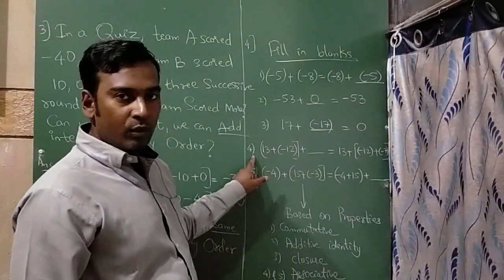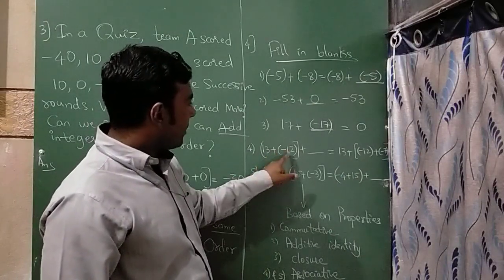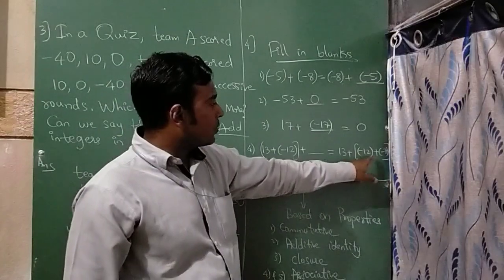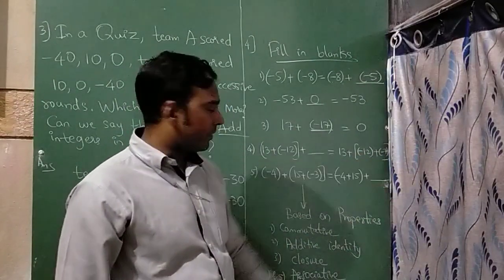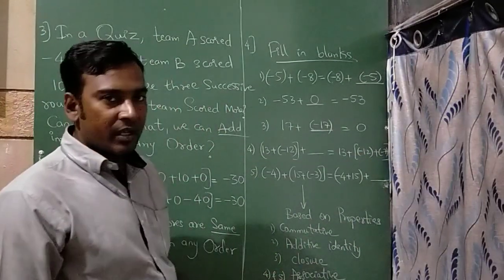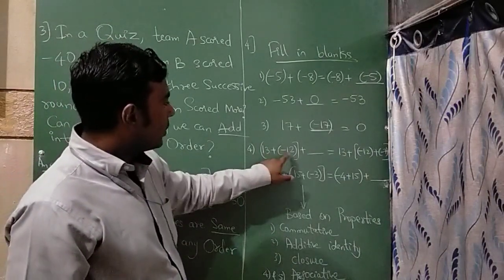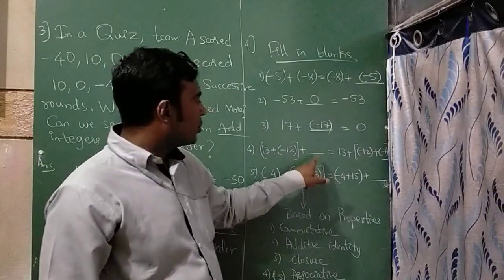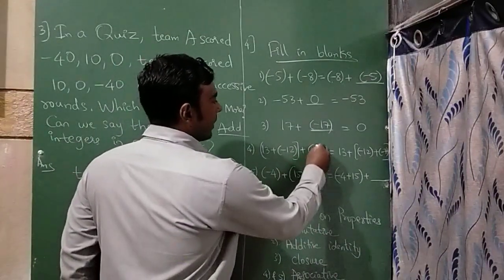Fine. Now the fourth one, 13 plus minus 12 plus dash is equal to 13 plus minus 12 plus minus 7. So it is the associative property, right? 13, 12, 13, 12, and the one more number is minus 7 here. So you need to write minus 7 here.